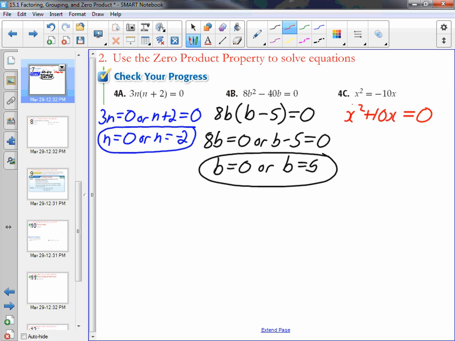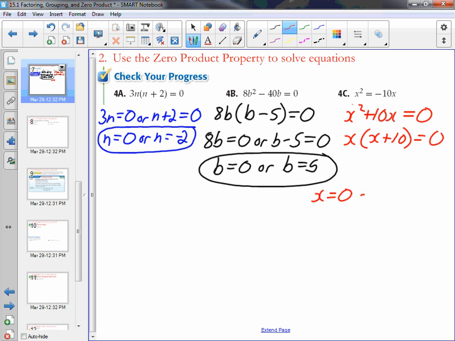All right, so that's what I've done. What's the greatest common factor of x squared and 10x? Just x, isn't it? So, x, what do I get inside the parentheses? x plus 10 equals 0. Does the 0 product property apply here? Yeah.